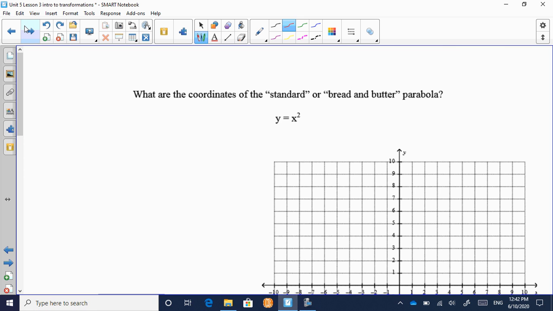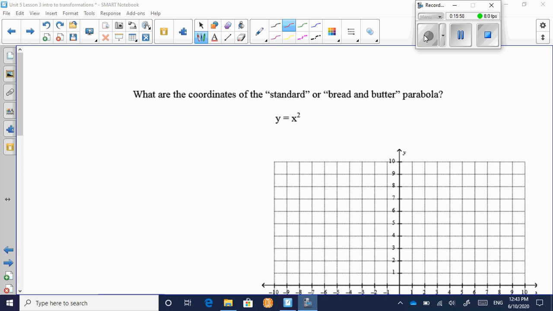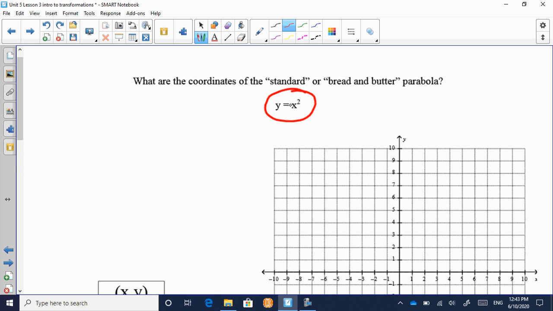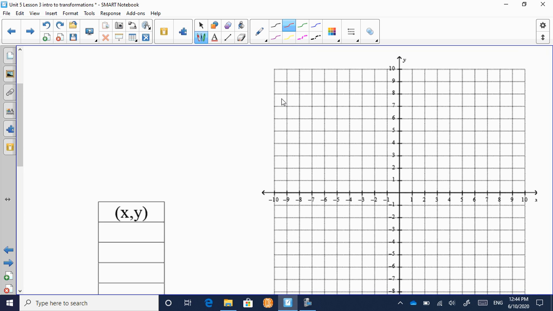Okay, so I want to get back to parabolas just for a minute, and just to basically have a glance at this. This is what we call the standard parabola here. Y is equal to x squared, or I often refer to it as the bread and butter parabola. And if we were to graph some points on this, let's put some x values in.